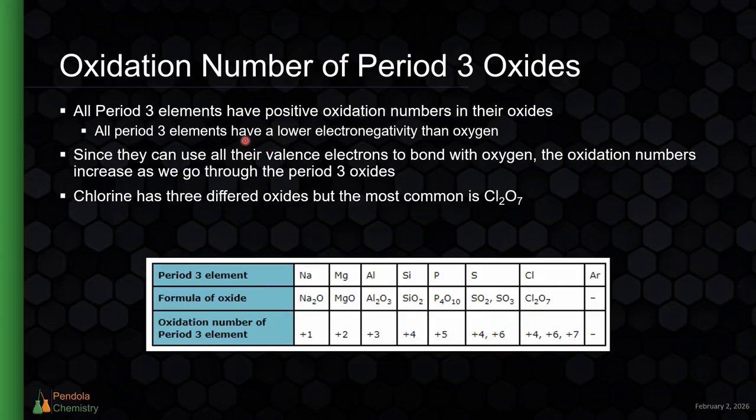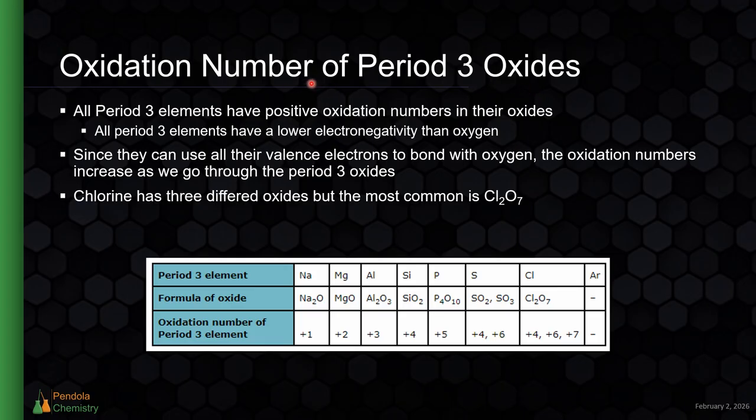When period 3 elements react with oxygen and create their oxides, or in the case of something like chlorine, in another way create an oxide, the oxidation number of the period 3 element is always going to be positive. And this is very simple. The reason why is because oxygen is the second most electronegative element on the periodic table.